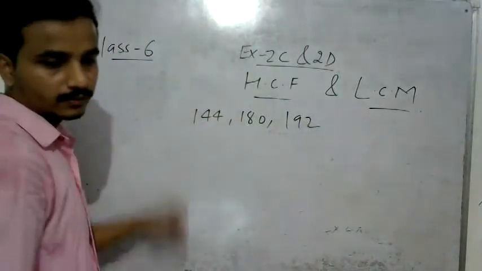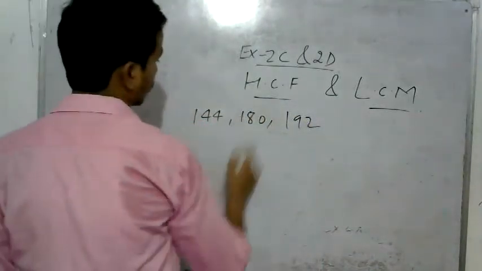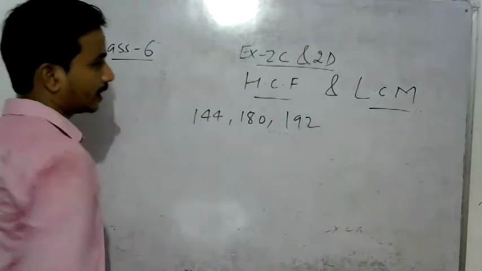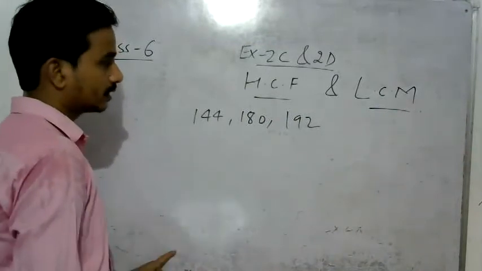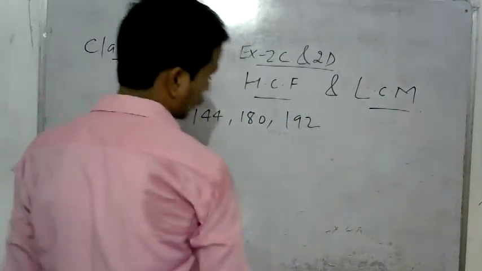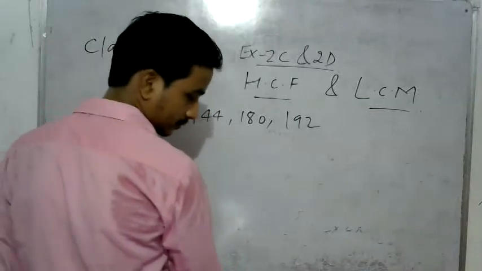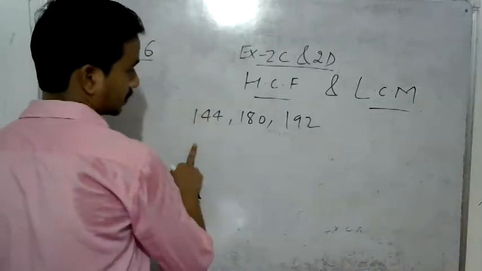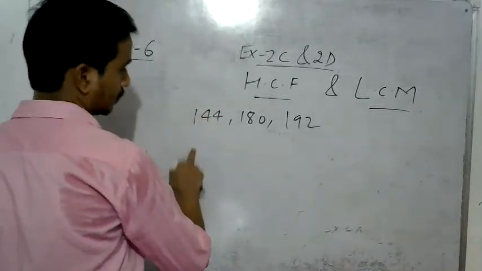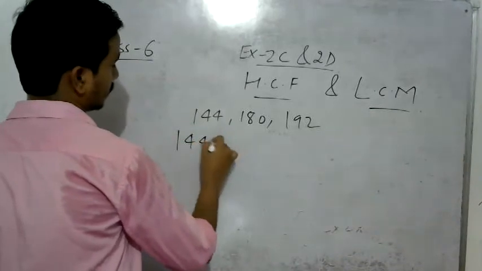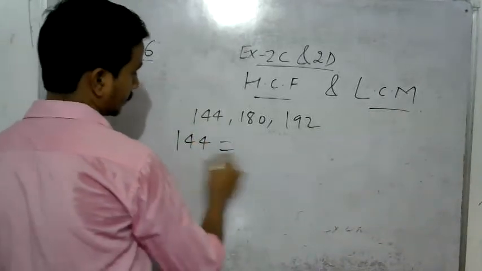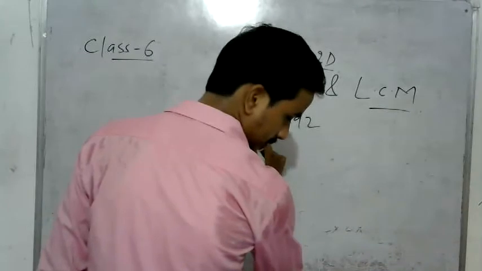How to find the HCF of 3 numbers? You can go by the division method and you can also go by the prime factorization method.